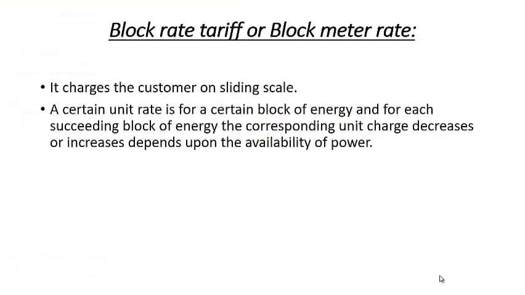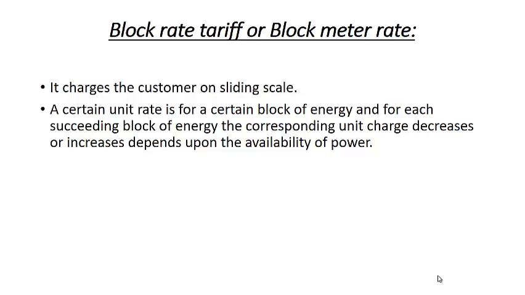That is done by the block rate tariff or block meter rate. It charges the customer on a sliding scale. A certain unit charge is for a certain block of energy, and for each succeeding block of energy, the corresponding unit charge decreases or increases depending on the availability of the power. For example, if somebody has used 1,000 units of electricity, the first 200 units may be free of cost.